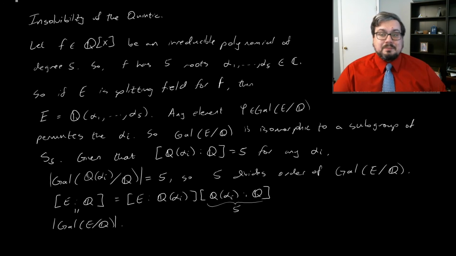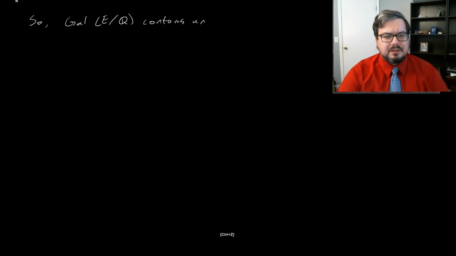Now, one thing that this means is that the Galois group of E over Q must include an element of order 5. So that means that the Galois group of E over Q contains an element of order 5.